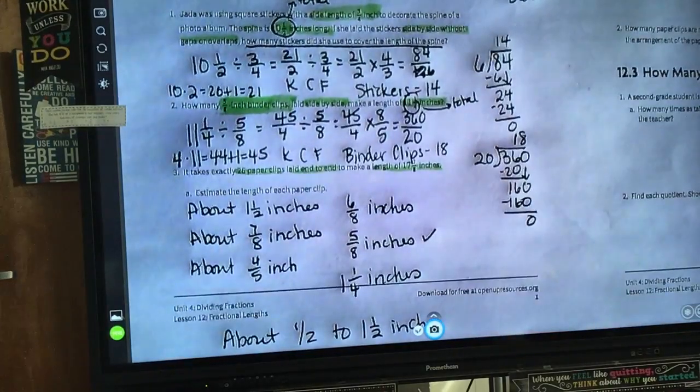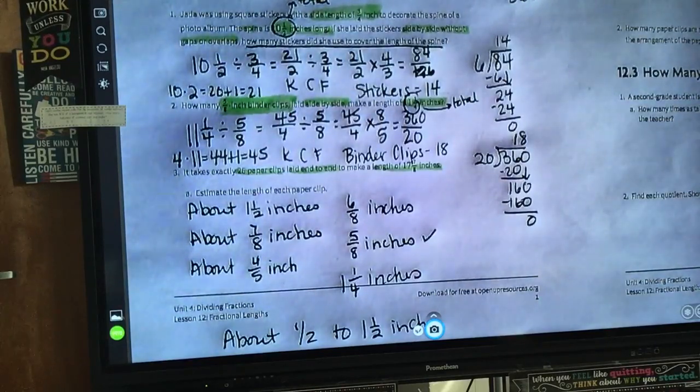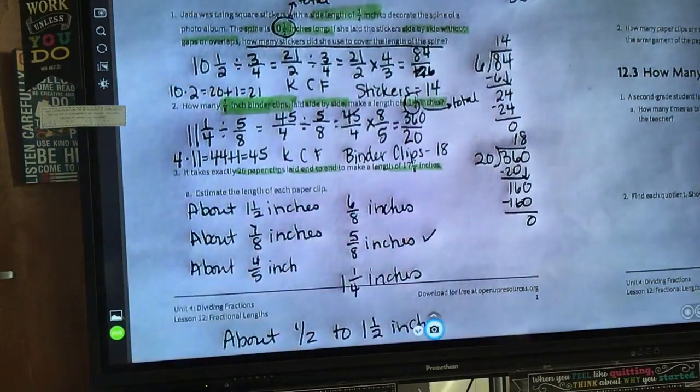For B, it says, calculate the length of each paper clip. Show your reasoning. Now, be careful with this. Which one is our total? 26 or 17 7/8? Ronnie? 17. So 17 7/8 is our total. Why is 26 not our total?